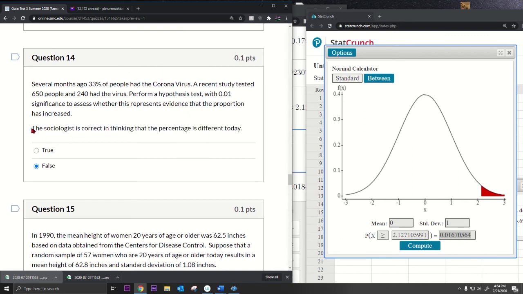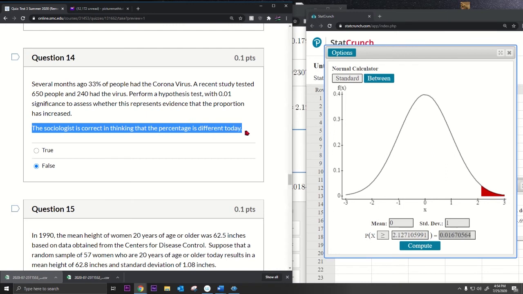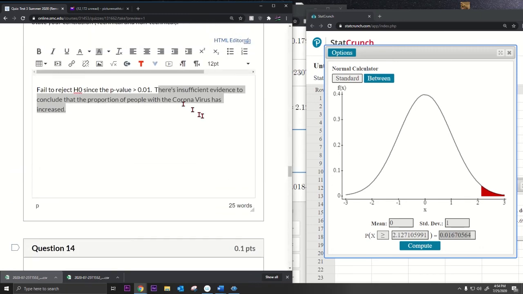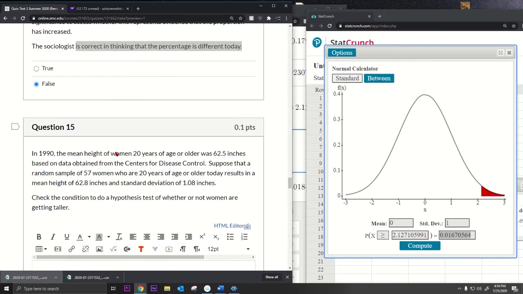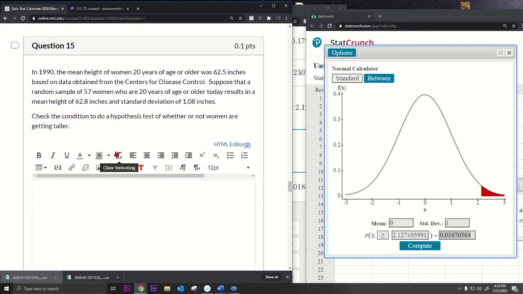It's just a knowledge check on making sure you knew what your conclusion was, just asking it in a different way. And is the sociologist correct in thinking that the percentage is different today? No, they're not, because like I said, there was insufficient evidence to conclude that it increased. Okay, so moving on, number 15.